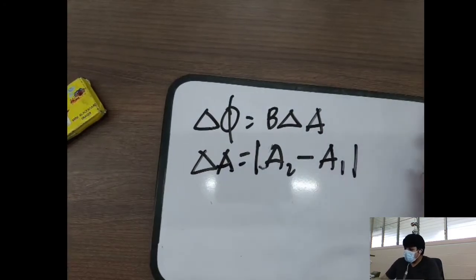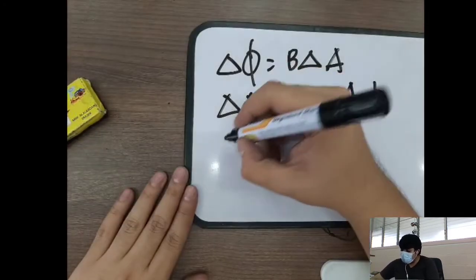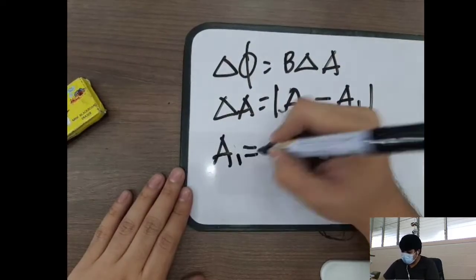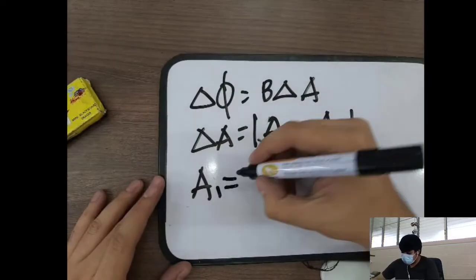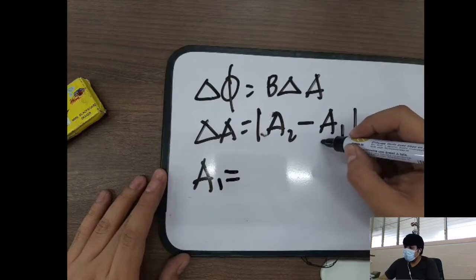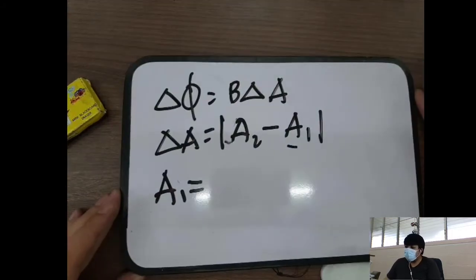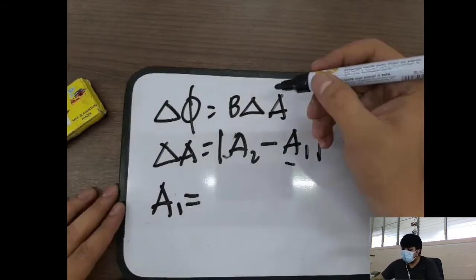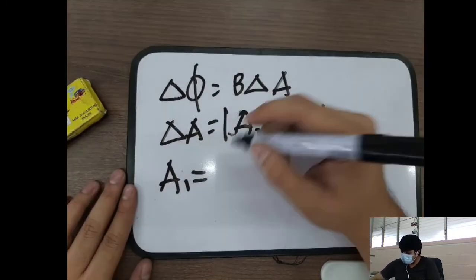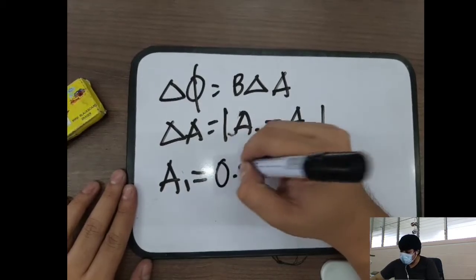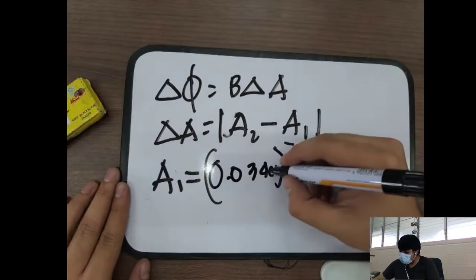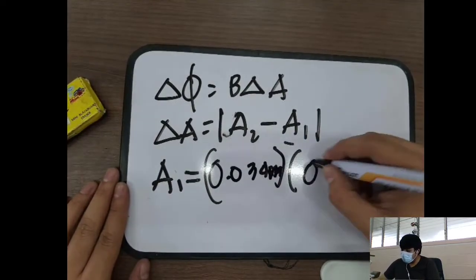Given that the area of the rectangular wire is the length times the width, the initial effective area, which is the area of the rectangular wire itself because it is initially perpendicular to the magnetic field, will be 0.034 meters multiplied by 0.021 meters.